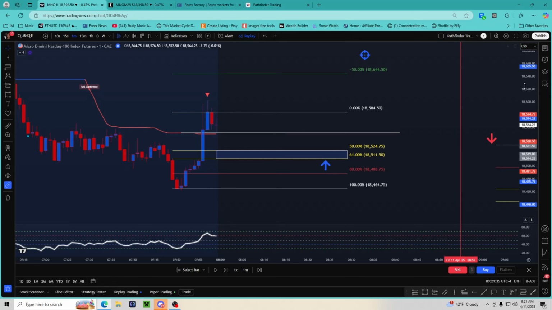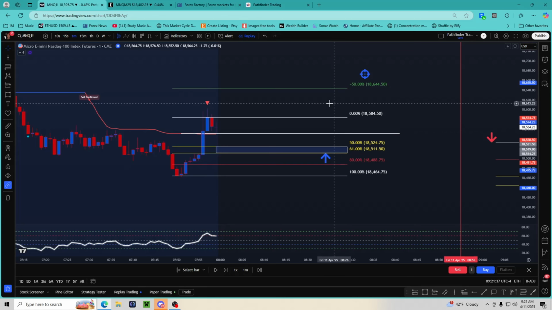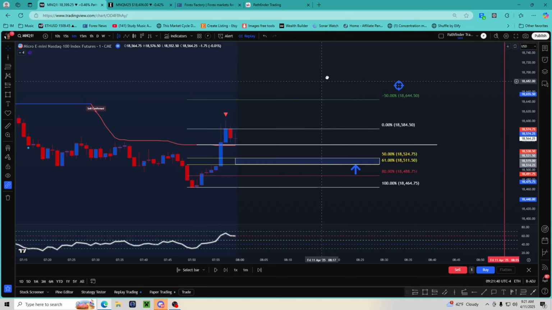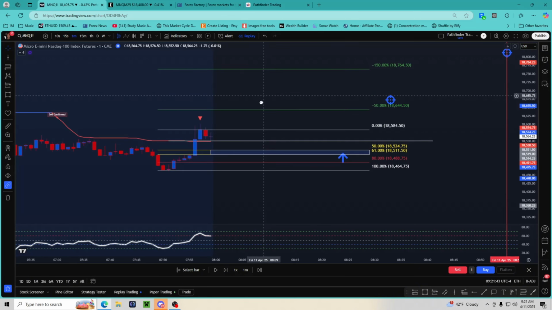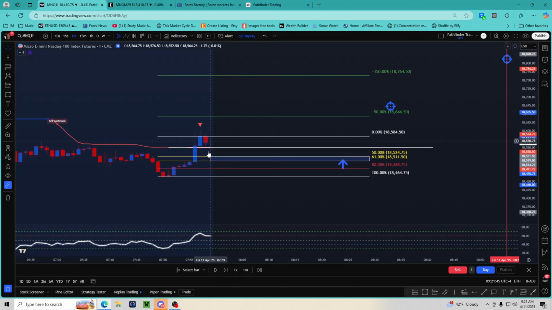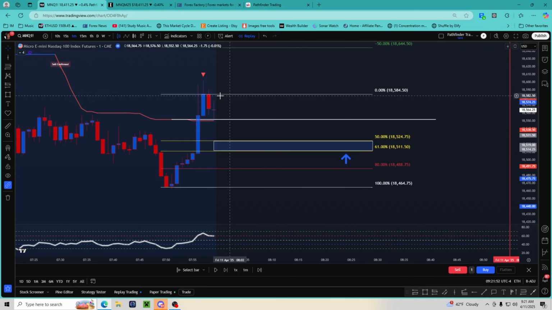This is the most simple way that you can set this up. Big target for 150%, okay? What that means is from here to here is 150% of here to here. So what you're looking for in the market is a 50% pullback of that move that moved this way.